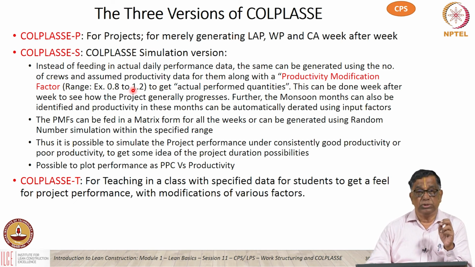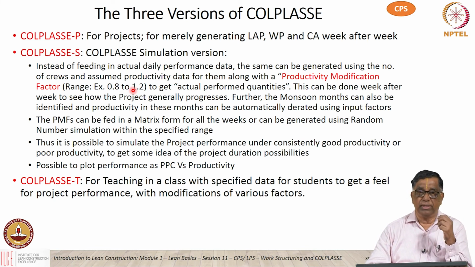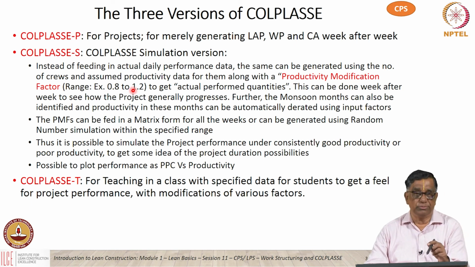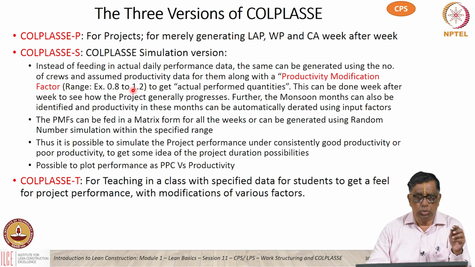And then for the monsoon duration months, you can again specify a monsoon modification factor, maybe 0.8, 0.9 or even 0 if you want, depending on the location of the project and the propensity of the project to get affected by monsoon. So, with these, you can do a number of simulations to understand how the project will progress, from start to end.